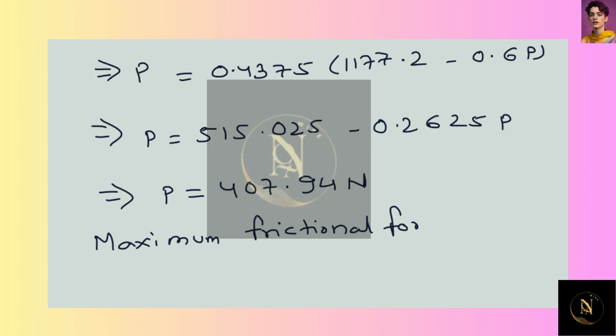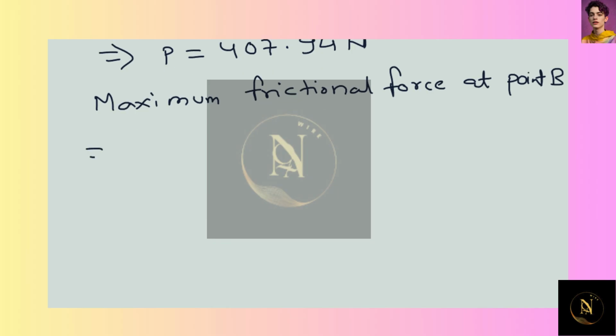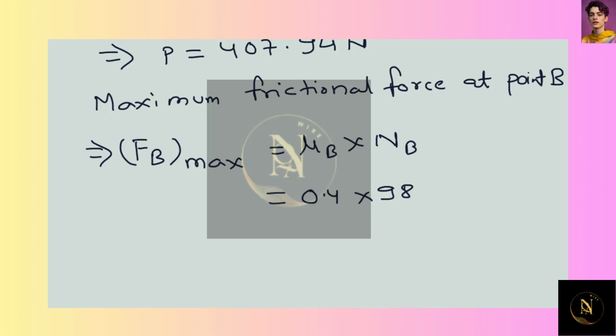Maximum frictional force at point B can be calculated as FB max is equal to mu B into NB. On putting the values of mu B and NB, we get FB max as 392.4 Newton.